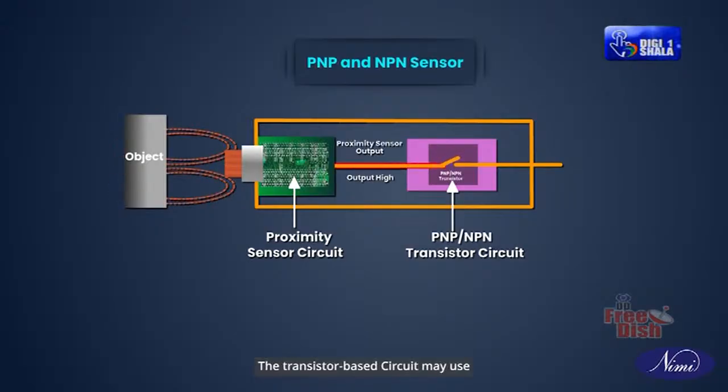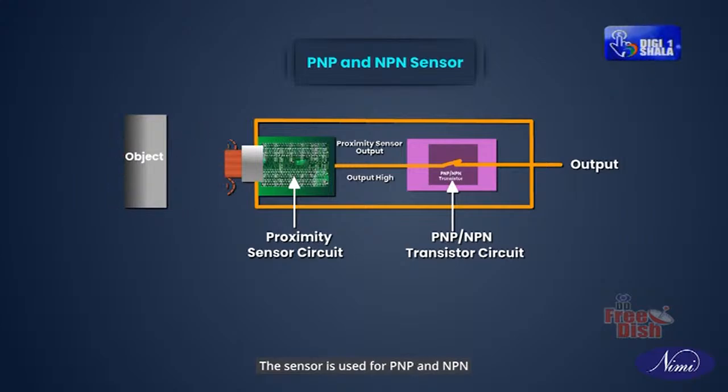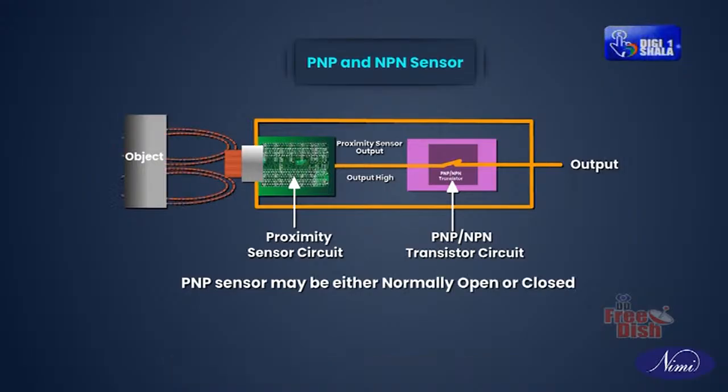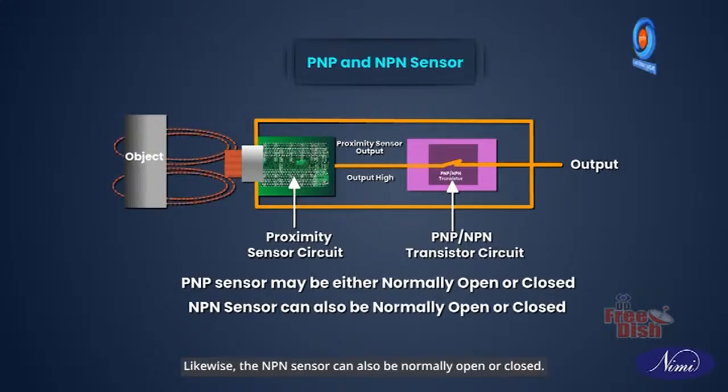The transistor-based circuit may use PNP or NPN transistors, depending on the application. Whether a sensor is PNP or NPN has nothing to do with whether it is normally open or closed. That means a PNP sensor may be either normally open or closed. Likewise, the NPN sensor can also be normally open or closed.